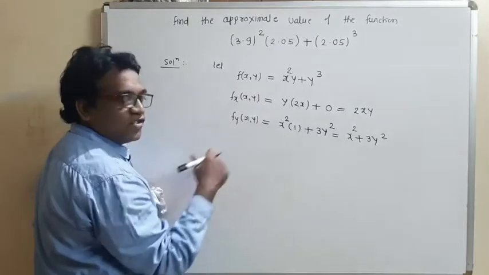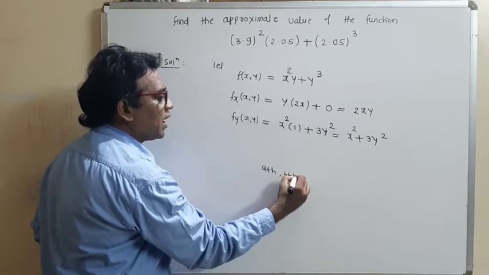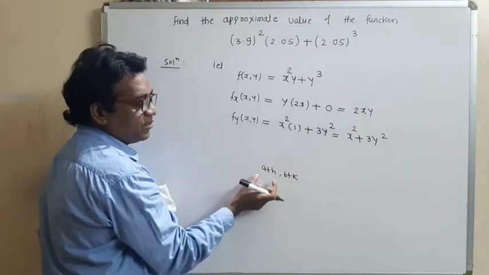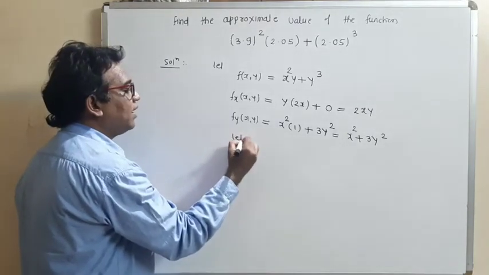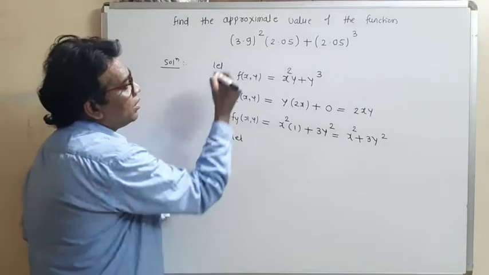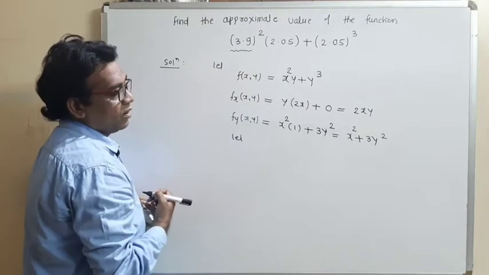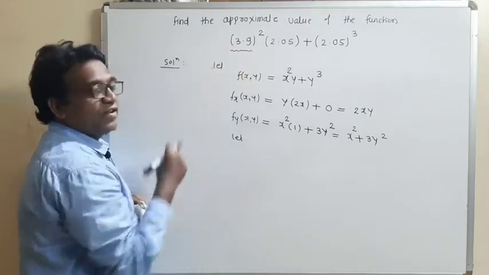Now this differential formula also contains the terms a plus h and b plus k. So first of all, assume these numerical values for a plus h and b plus k. So write down the numerical values. Now let us suppose that this is our a plus h. Now this is near about 4. 3.9 means it is very near to 4.